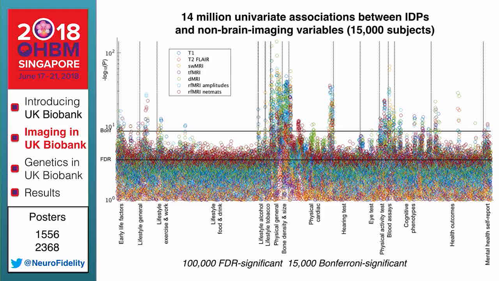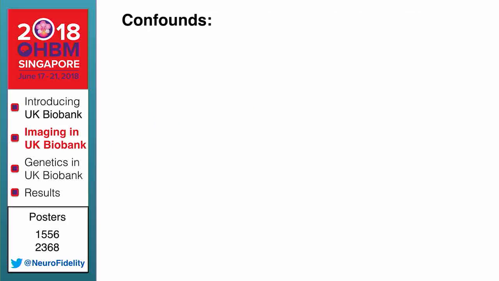On the x-axis, you can see the different types of non-brain imaging variables, and the y-axis is the p-value of the relationship, with some values being higher than 10 to the minus 100. But as you can imagine, with these numbers, it's very important to deal correctly with the confounds.